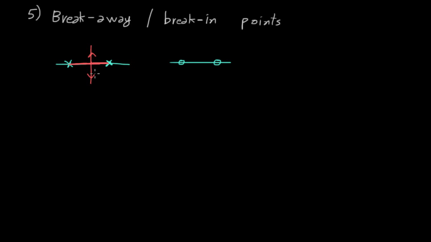So they must leave the real axis in order to find those zeros, and the point in which they leave the real axis are called breakaway points.